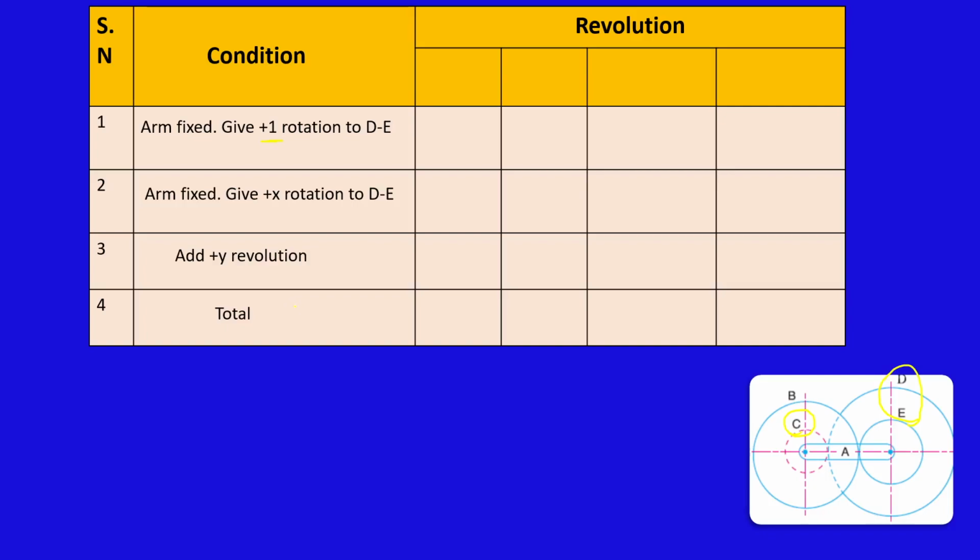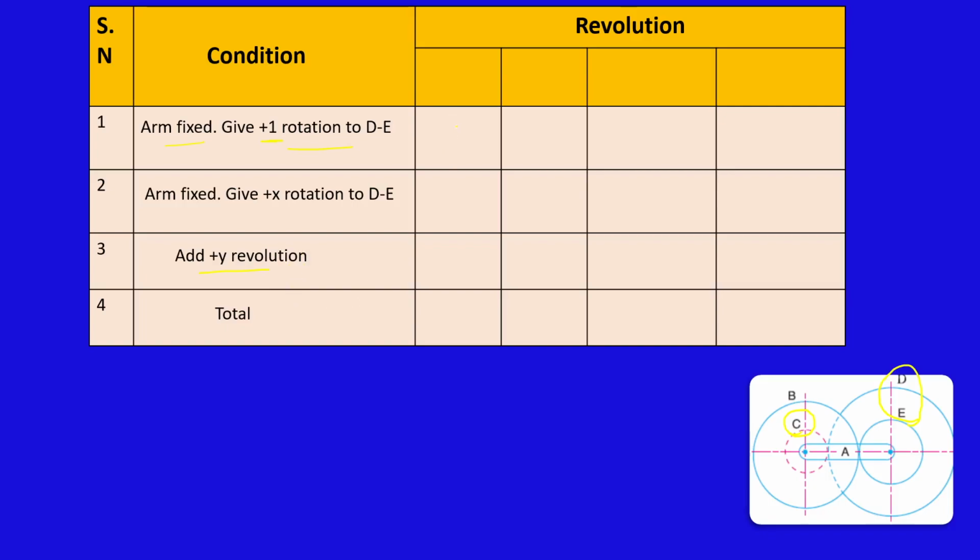Relative motion means two parameters will move at a time. It will be very difficult to find the solution. That is why we are first fixing the arm, giving +1 rotation to DE, then giving Y revolution to the arm. Then we are adding these two. So this is the logic behind the tabular form.